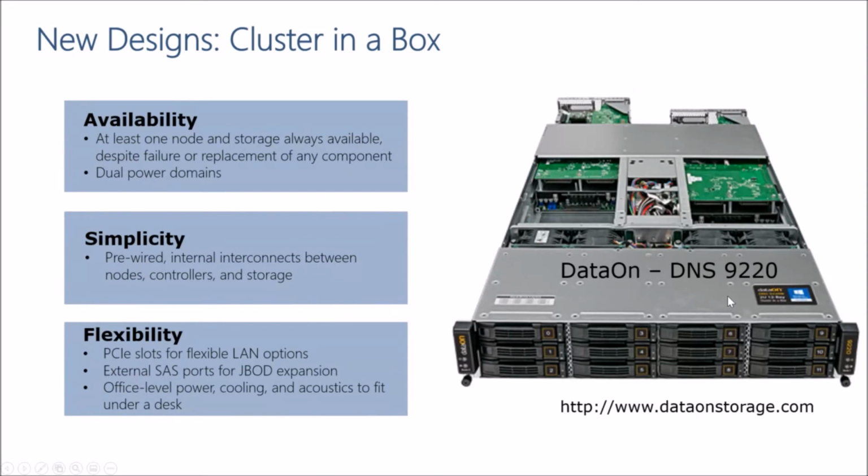Flexibility, so PCI Express slots for flexible LAN, external SAS ports, so SAS is serially attached SCSI, ports for JBODs. JBODs are just a bunch of disks, so they're disk arrays if you like, for disk array expansion. It uses office level power and cooling and acoustics, so the noise level means it can actually fit under your desk. So you could buy one of these as a small business and have your solution in a box.